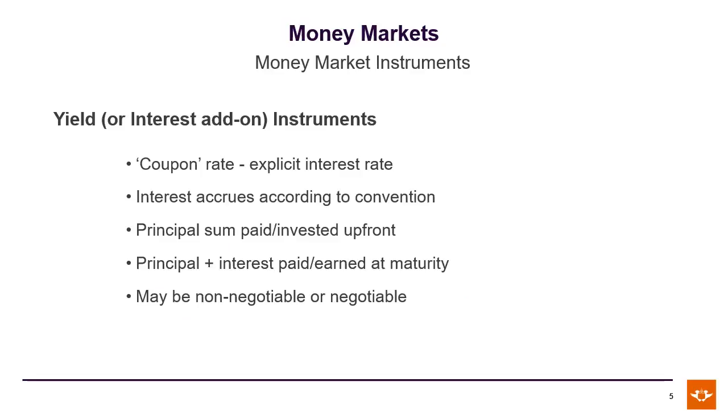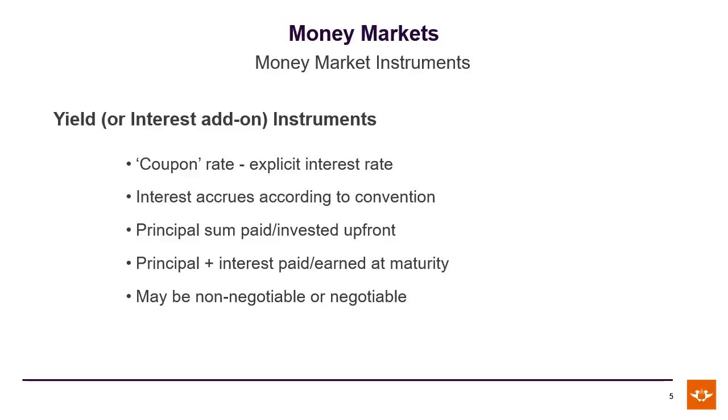We're going to start our journey through money markets by looking at yield or interest add-on instruments. And I'm going to be focusing on the diagram in the bottom half of the page. So when this instrument is issued in the primary market, a market where the ultimate borrower or issuer interacts directly with the investor, the amount of money that changes hands is referred to as the nominal or face value or principal sum.